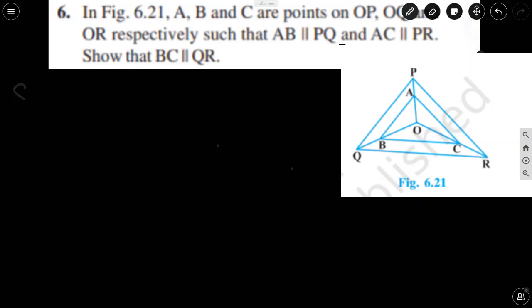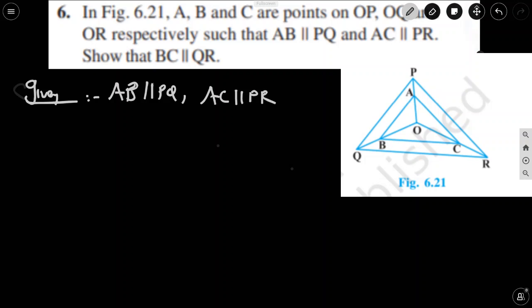So here, given AB parallel PQ and AC parallel PR. Show that BC parallel QR. So this is also by converse of BPT we will get it.